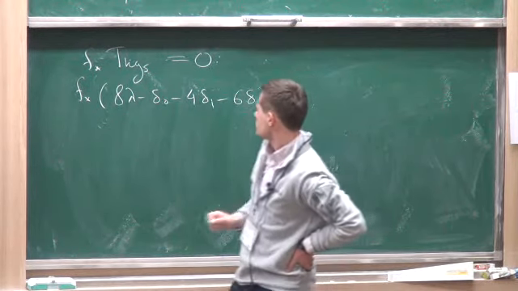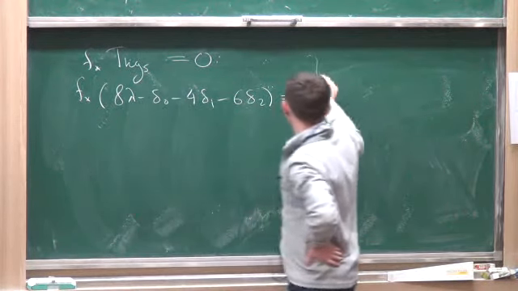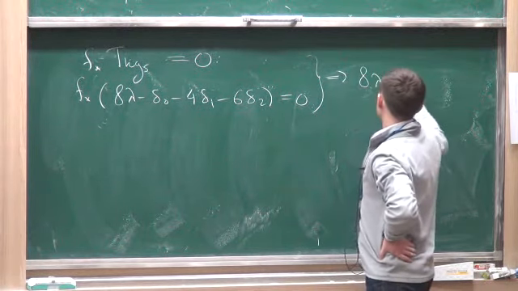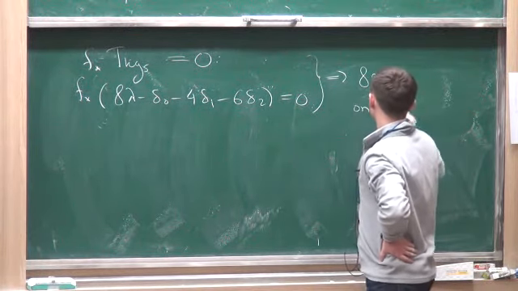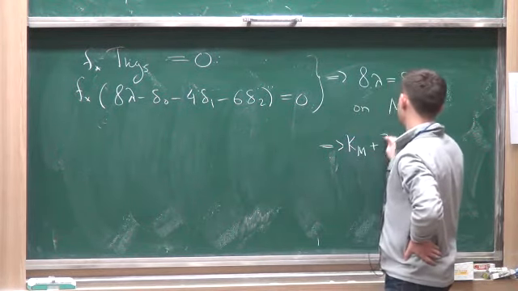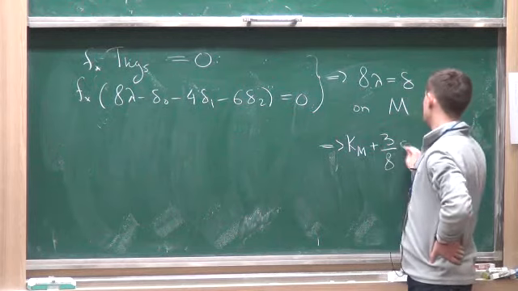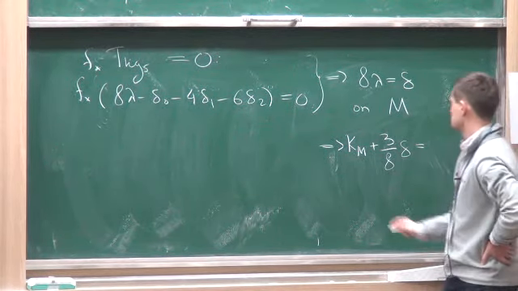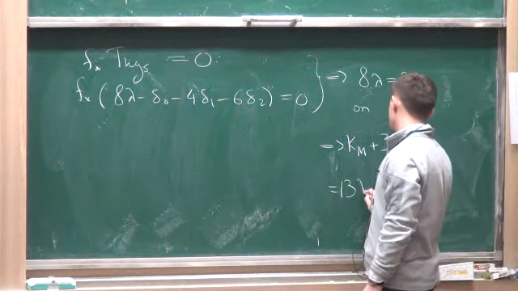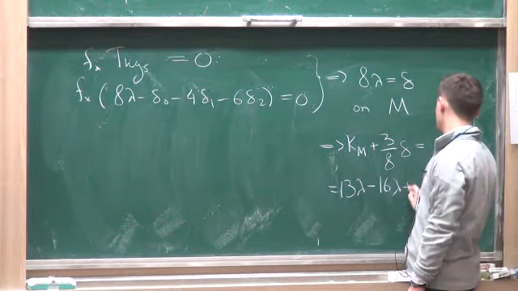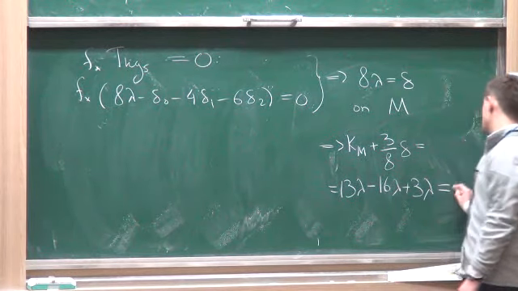Delta 1, delta 2 are contracted, and so this implies that 8 lambda equals delta on M, and this implies that K_M plus 3/8 of delta, which is 13 lambda minus 2 delta minus 16 lambda plus 3 alpha, is just 0.